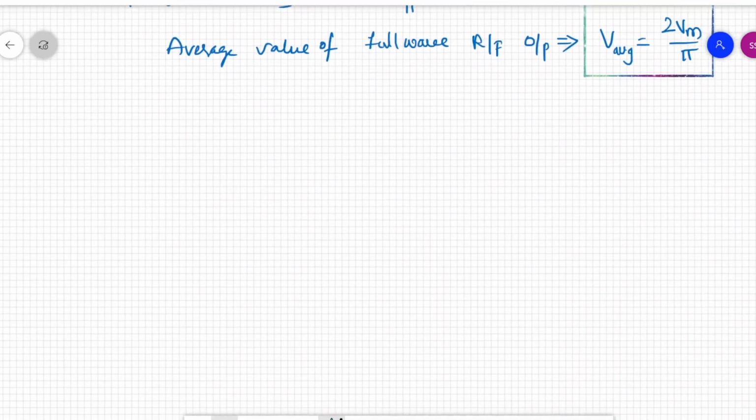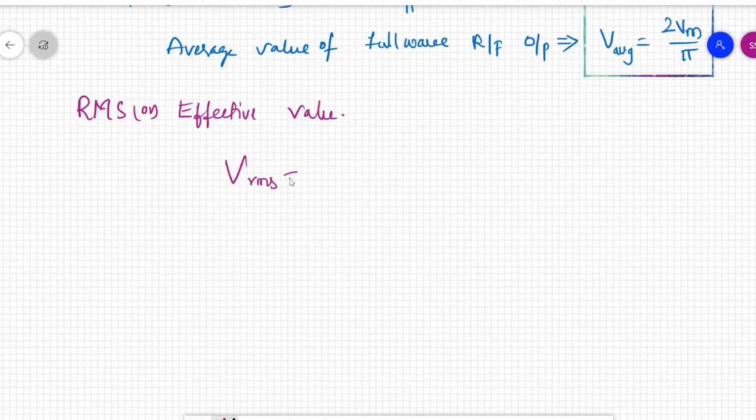Now let us find RMS value, that is nothing but effective value. RMS or effective value of given full wave rectifier output waveform. So we know that Vrms can be found, that is by 1 by T integral 0 to T V of t whole square dt under root.